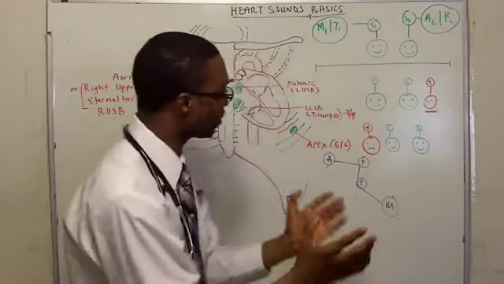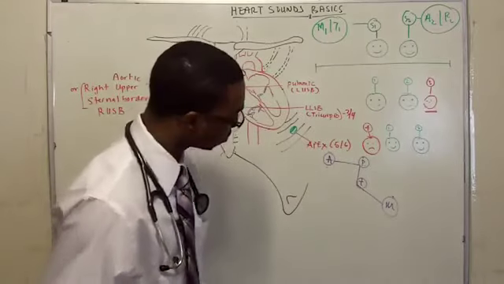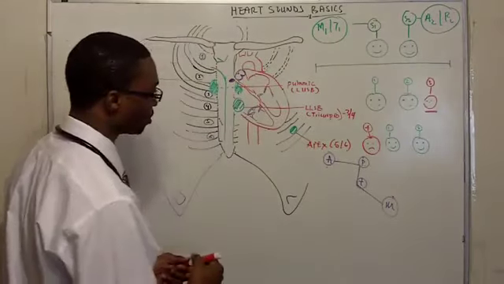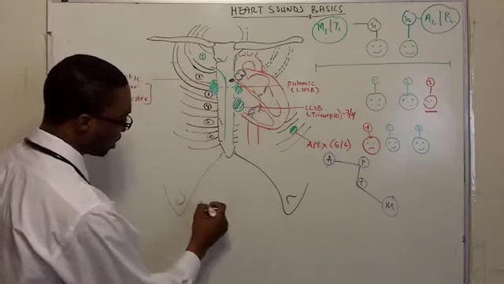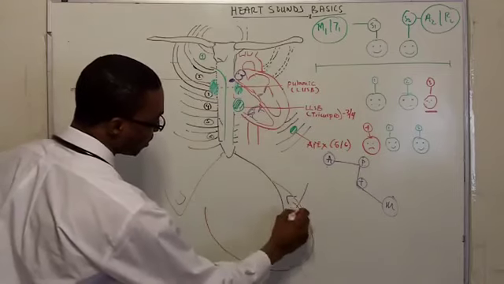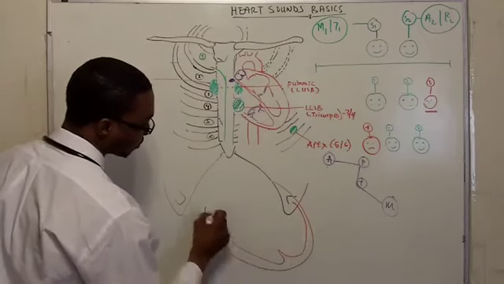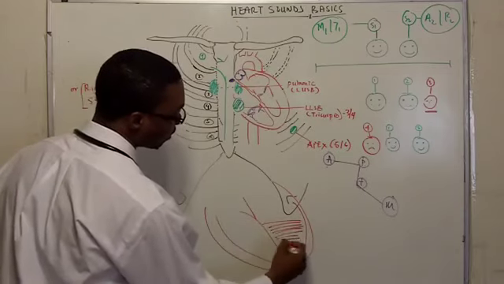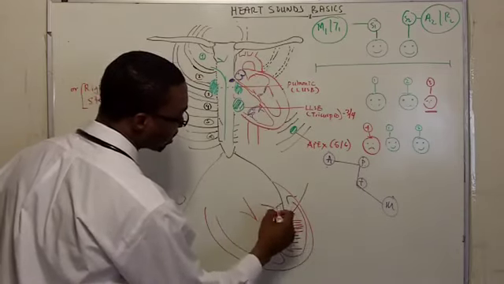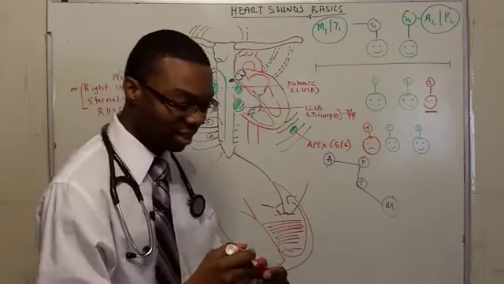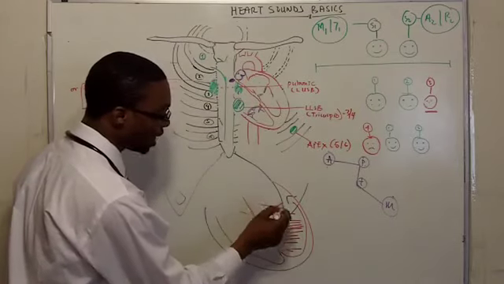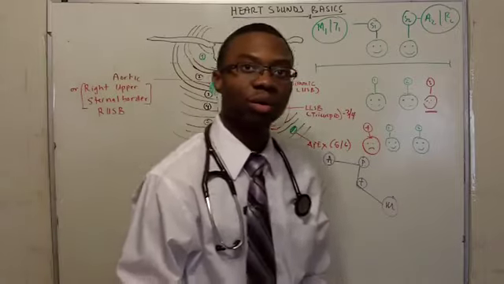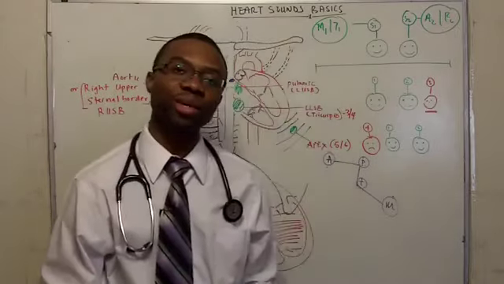So if this is your heart and it looks this big, and there's just so much blood inside here, it's the oscillation of blood between the atrium and the ventricle. That's usually what causes S3.